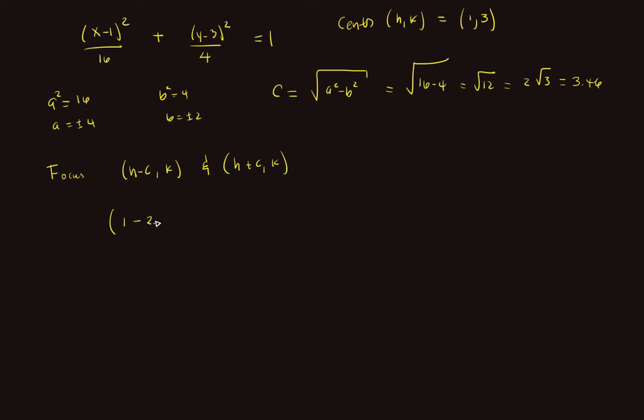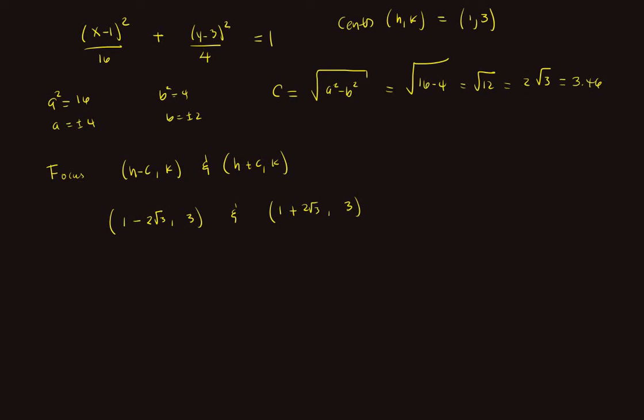It doesn't matter which one you put there. And k is 3, and the other is 1 plus 3.46, which is 4.46, or 2 square root of 3, and 3. Right, good. We have the focus now.